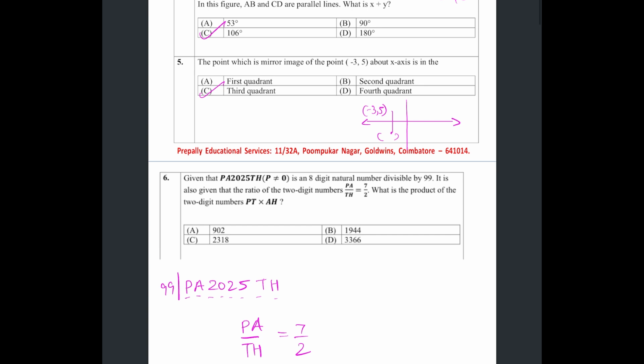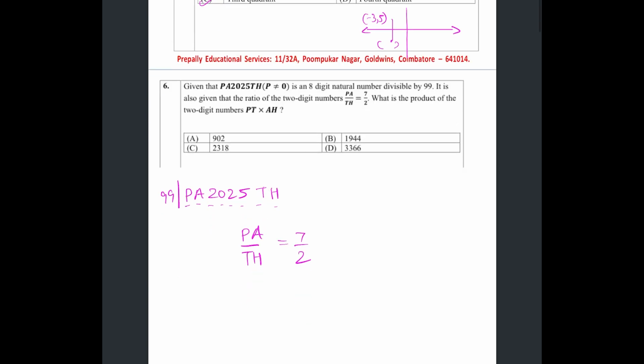All right, so I think we have to find what PA and TH, the digits, are, right? So what can we say about PA2025TH?